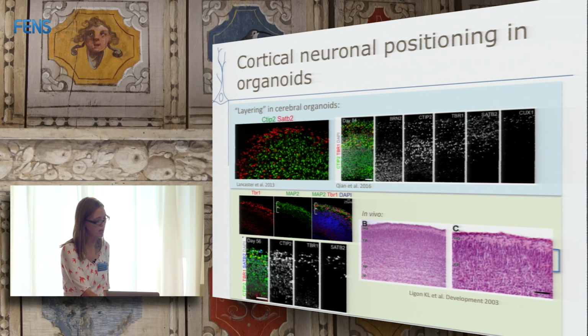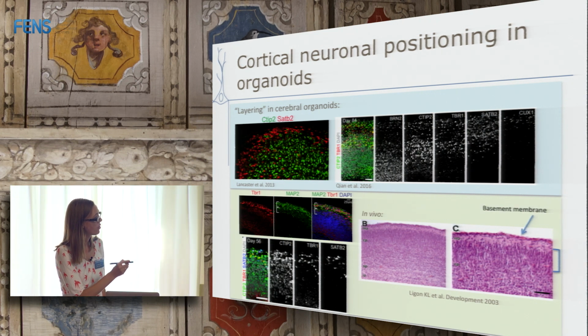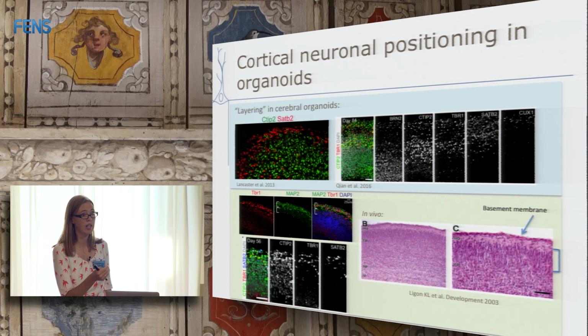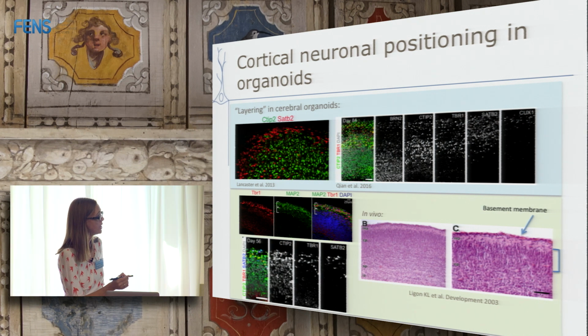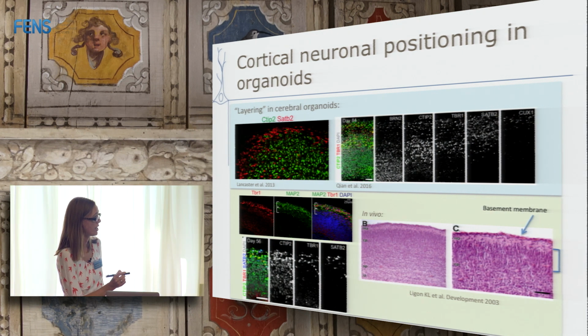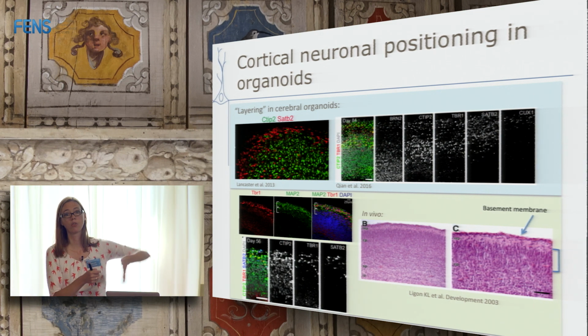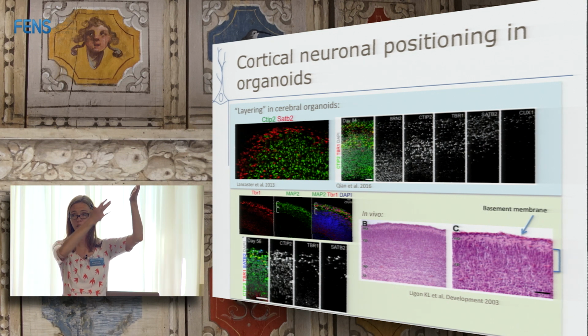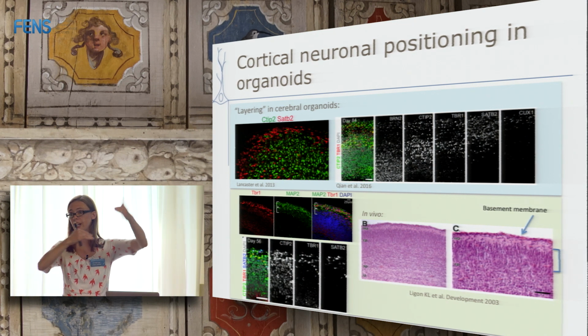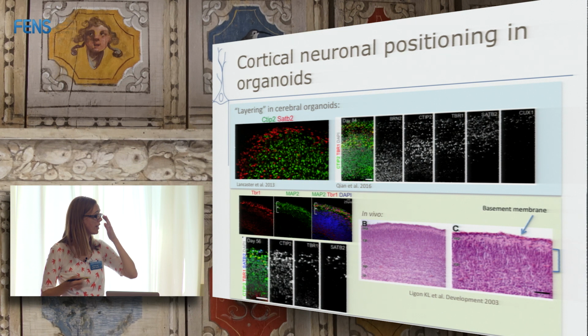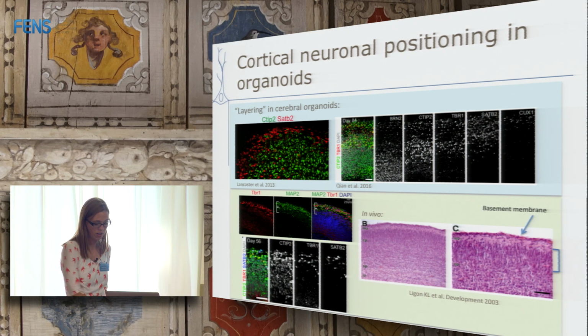One of the things we thought about was that in vivo you have this tissue covering the surface of the brain, the meninges, which is obviously not generated by the brain tissue itself. It helps support and maintain the basement membrane that the radial glia attach to. The radial glia are the guide for the neural stem cells, so you might imagine that if the radial glia are not properly attaching, the neurons won't know where to go.